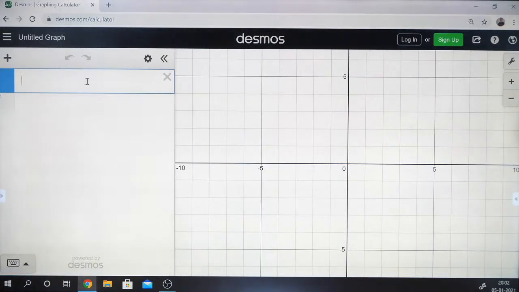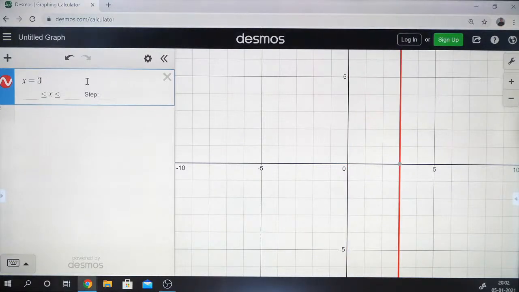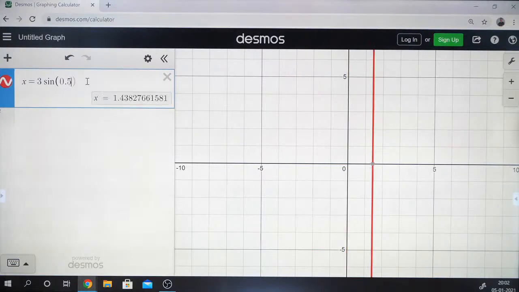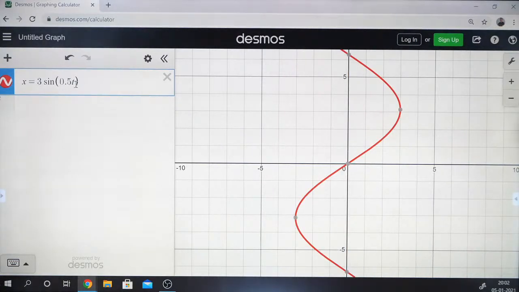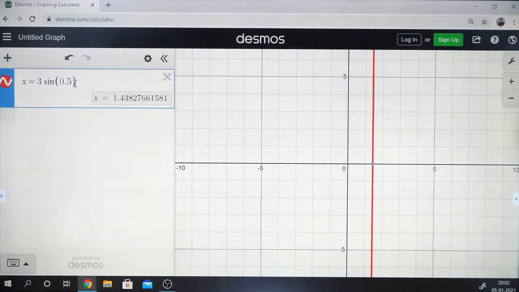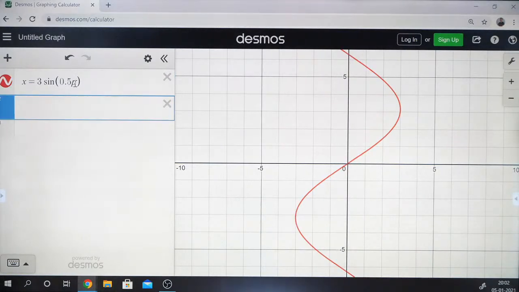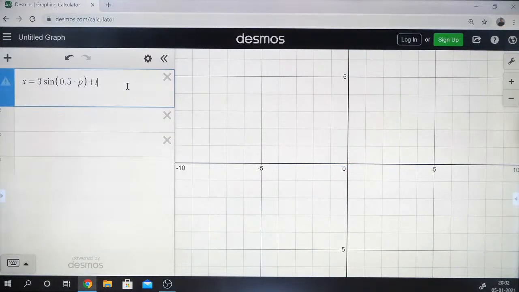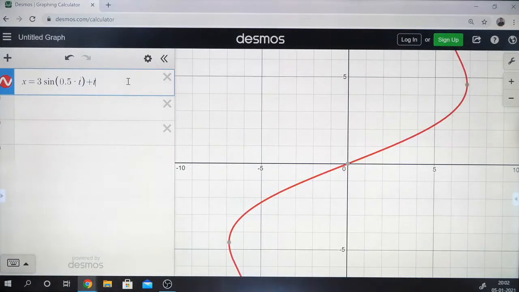Okay, so x is equal to 0.3 sine 0.5t. I'll choose some other variable. Oops, I'm not sure why it's not coming. Okay, now it's come. Just 1 second, guys. It's very weird.